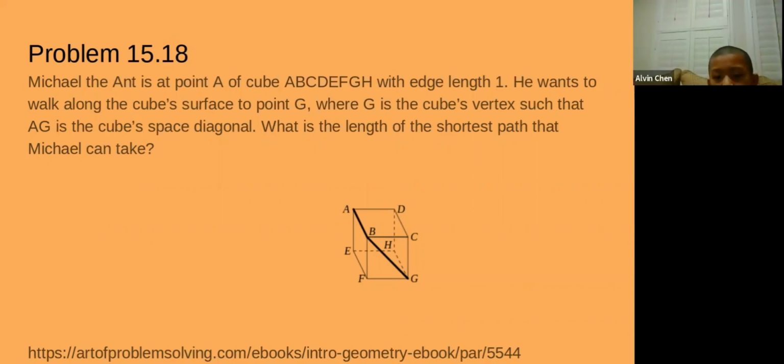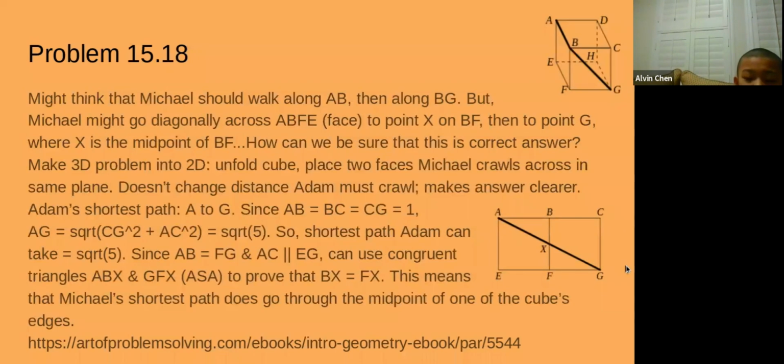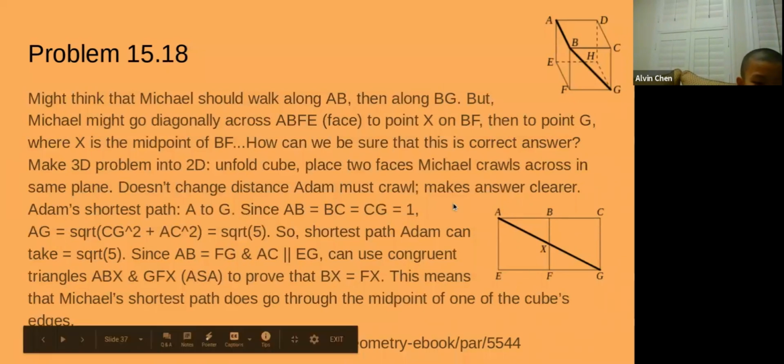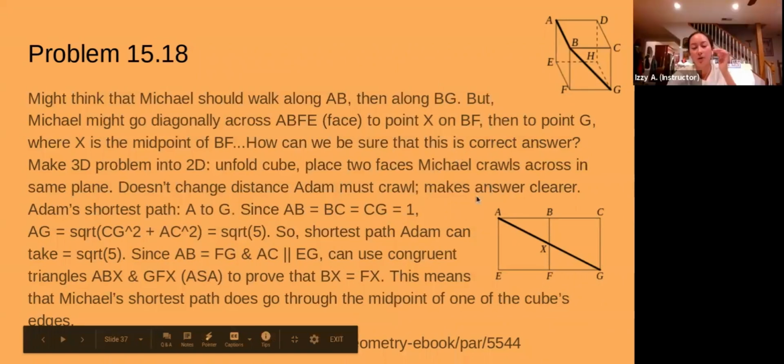Yeah. So I've done this question before. The way you do it is, first of all, you put ABEF and BCGF on the same plane, and then you connect A, G, and then you put BCGF back to its original place.